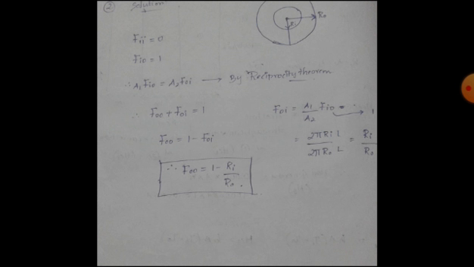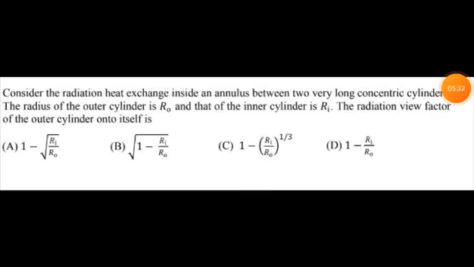Substituting this value, we get FOO, that is the shape factor onto itself, equal to 1 minus Ri by R naught, which is our answer. Now we can check which option contains this answer. The correct option for this question is option D.